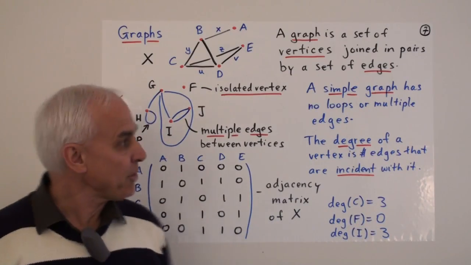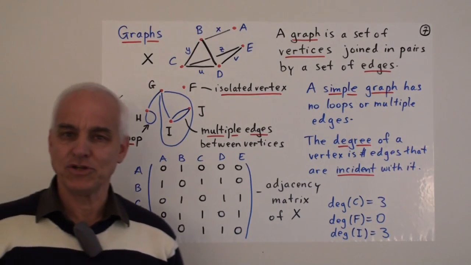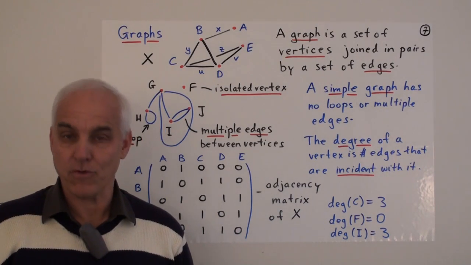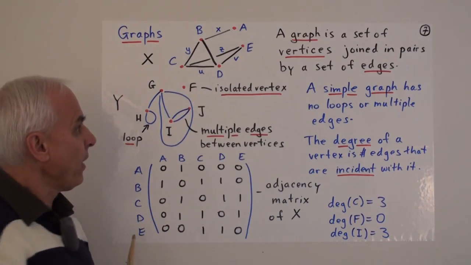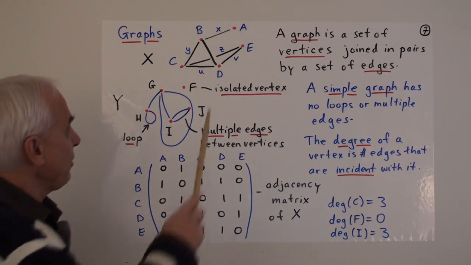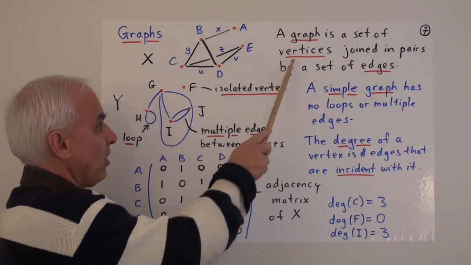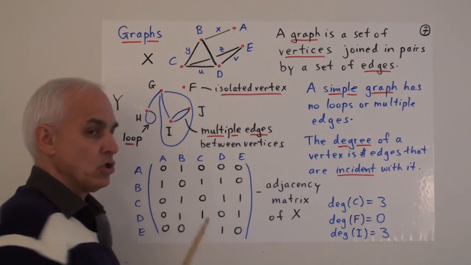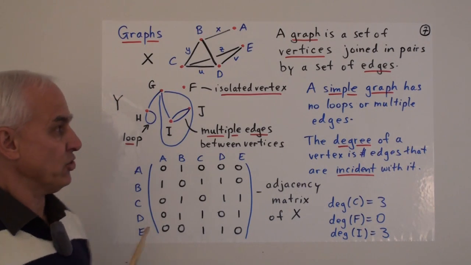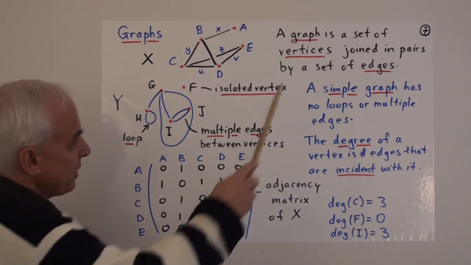For our third topic today, let's have a brief introduction to graphs or graph theory. So here's an example of a graph. What do we see? Well, we see a bunch of dots, which are called vertices, and we see a bunch of lines joining the dots, which are called edges. So that's what a graph is.